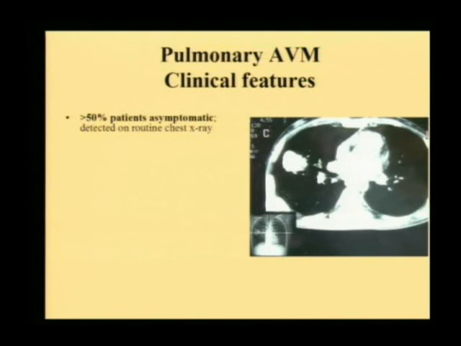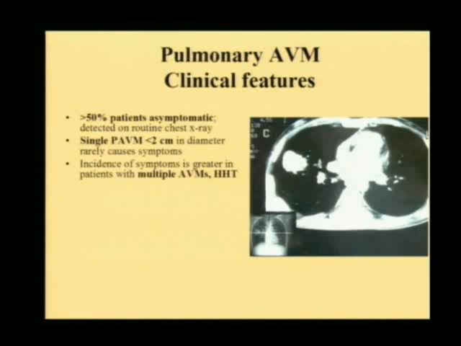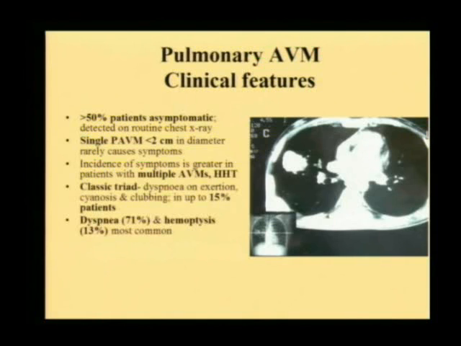Mostly, these patients are asymptomatic and are detected on a routine chest radiograph done for some other medical purpose. Typically, single malformations which are smaller than 2 centimeters in diameter do not cause symptoms. Symptoms happen far more commonly if malformations are bigger or if these malformations are multiple.